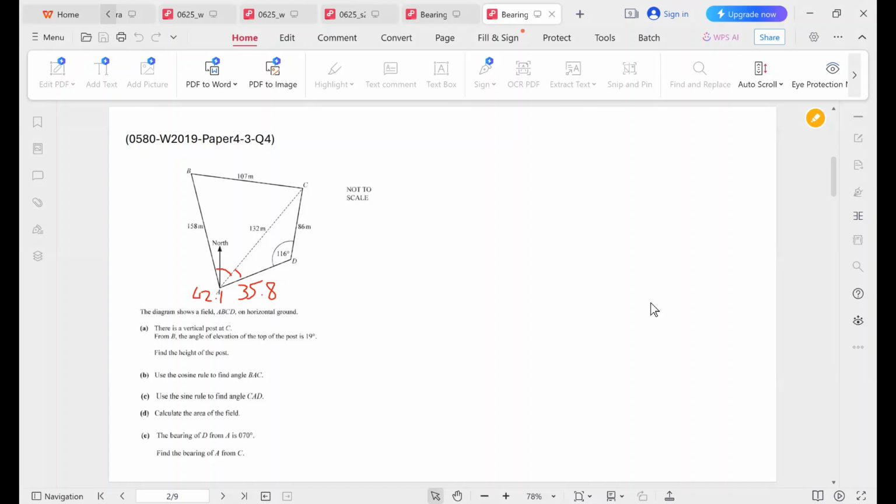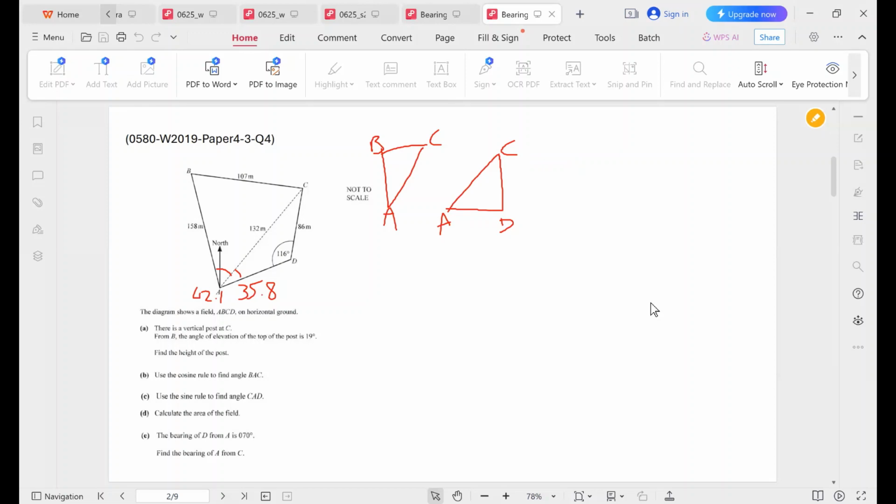So the area is comprised of two shapes, two triangles basically, triangle ABC and triangle ADC. If we get the area of the individual triangles, we can just add them up and find the total area of the field. So how would we do that?